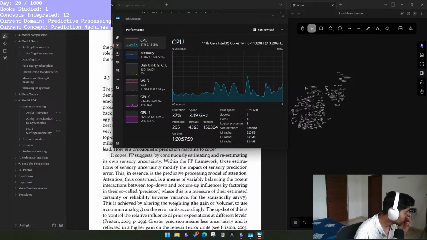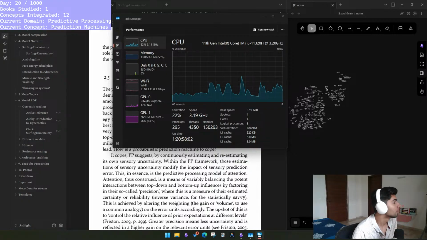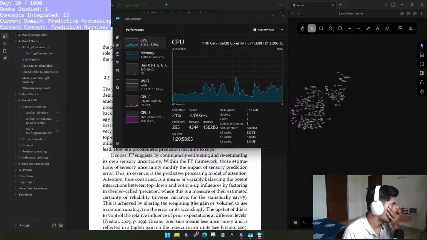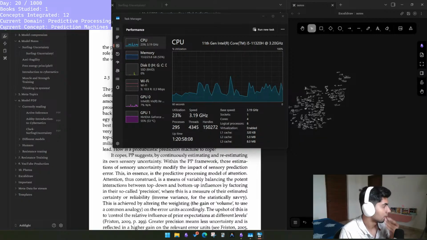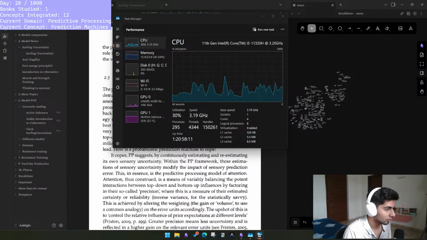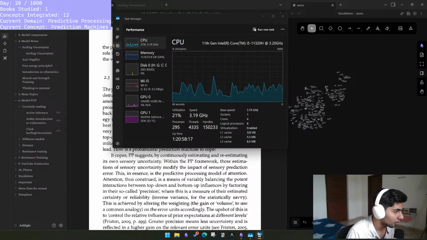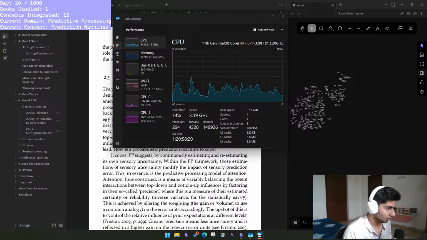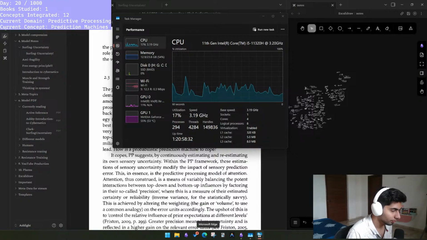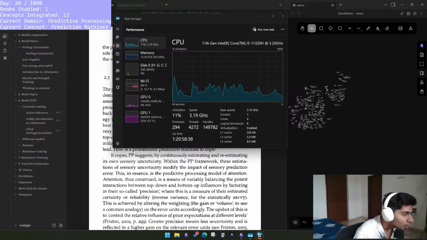Let me just compare it to here. Visual committed. Yeah, CPU. Okay, CPU, core temperature 65.